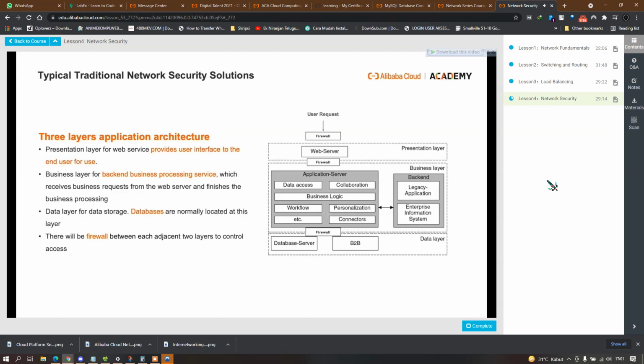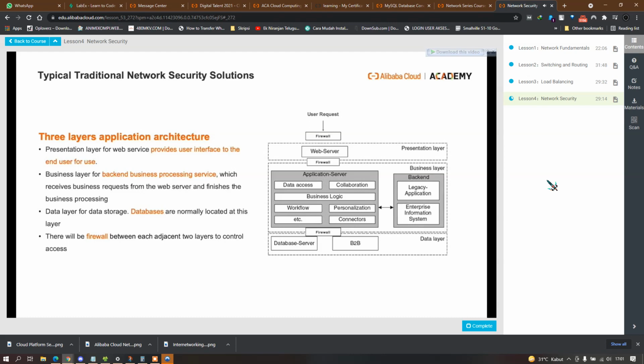Then the middle layer is the business layer. The business layer is used for backend business processing service, which will receive the business request from the web server or from the presentation layer, and then finish the real business processing. So this layer is the most important layer, which will deal with most of the business logic.